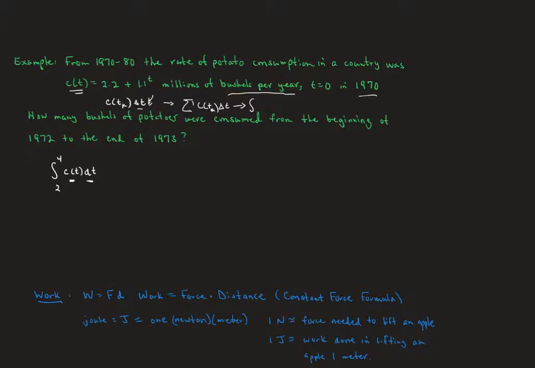And so we want to do our integral from 2 to 4 of C of t dt, where C of t is given by that. That's, I think, probably best done with our calculator. And if you do that, I believe you're going to get 7.066. And our units there are going to be millions of bushels of potatoes consumed over that 2-year period.